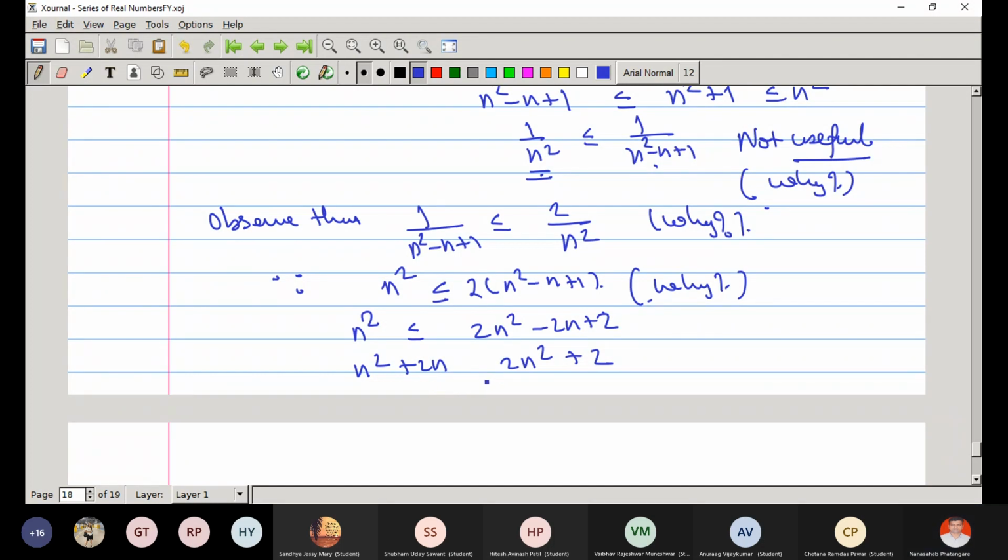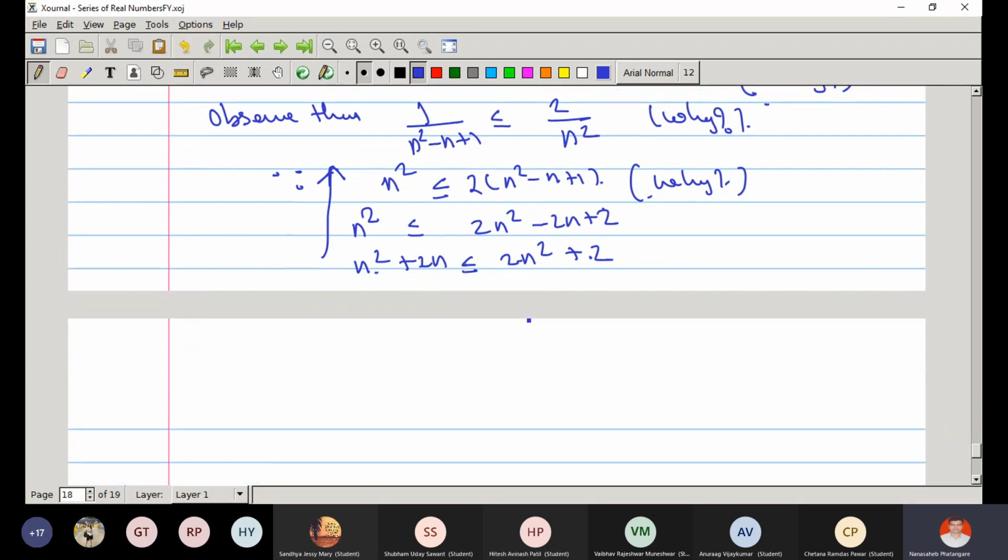So n square plus 2n is less than or equal to 2n square plus 2, and just go in reverse way. Right, you will get this. This is one way, but here we need some trick to actually get this. There are many other techniques possible. This is one way. If you just start with this, go from this to this.